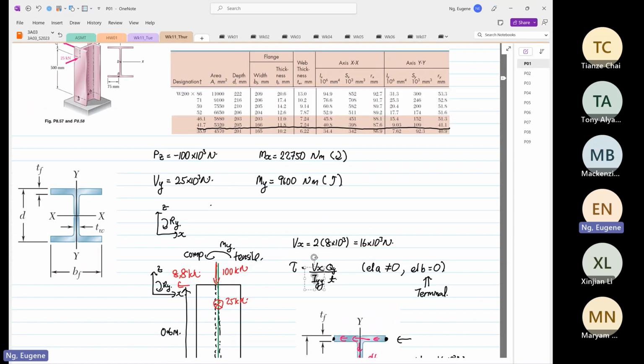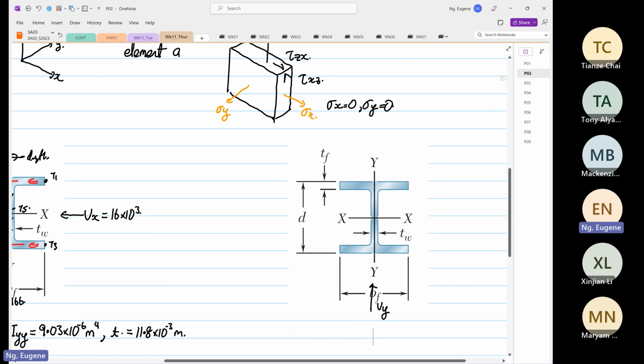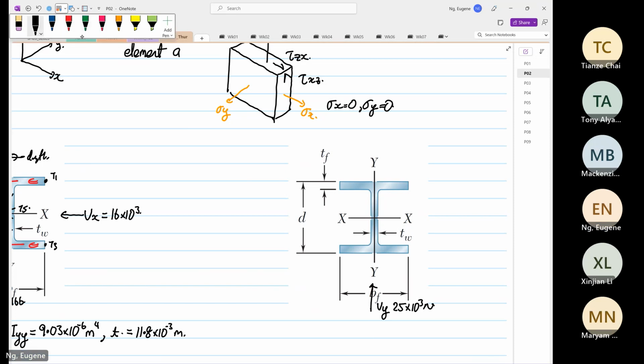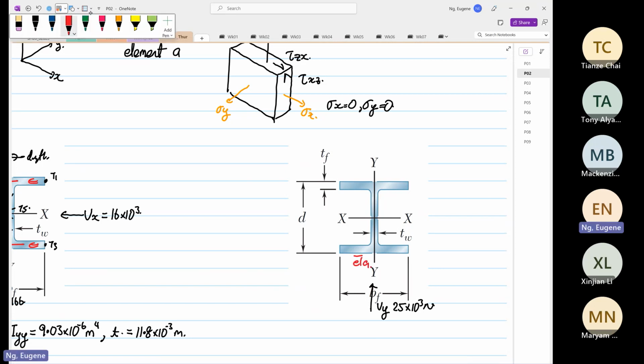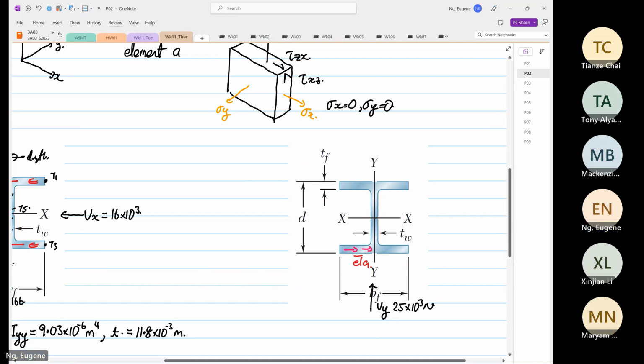It's 25 times 10 to the power 3. So this is our element A, and then we draw the shear flow. The shear flow goes like this.